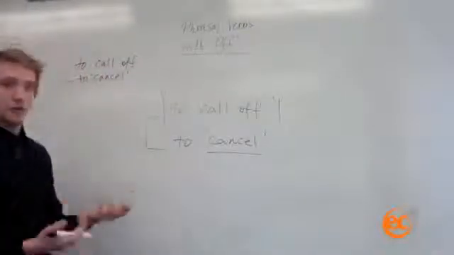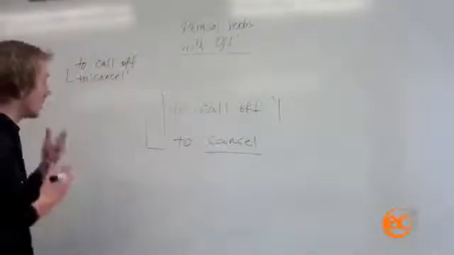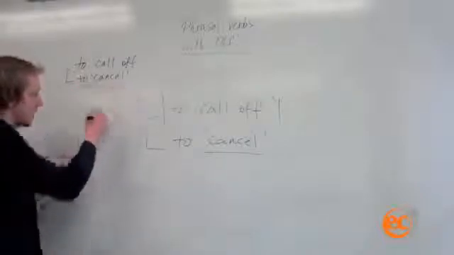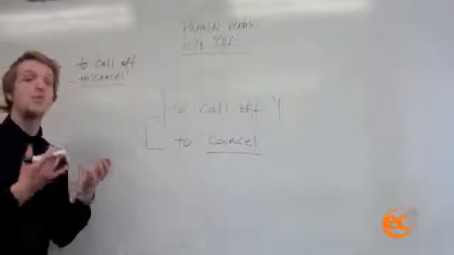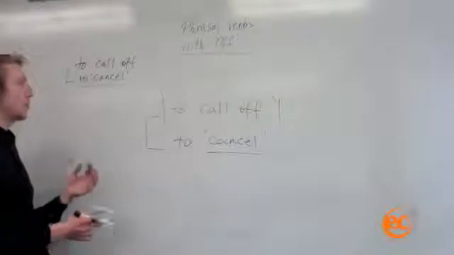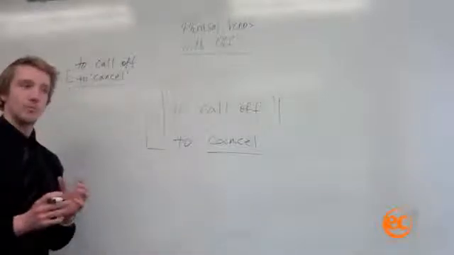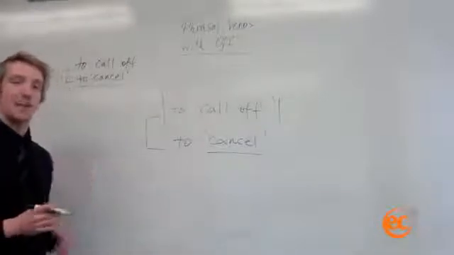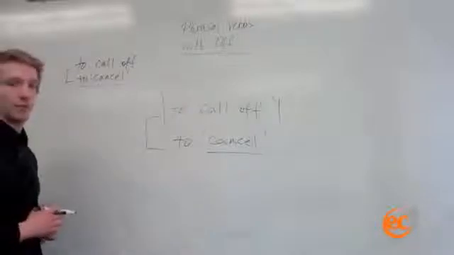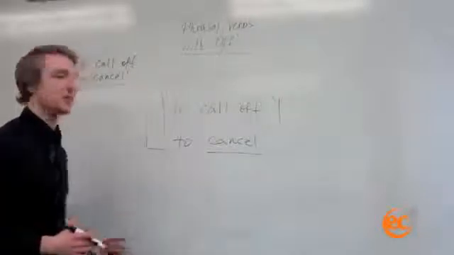So to cool off, to cancel. So we know now that instead of using this verb, which we are already familiar with, we can apply something slightly more difficult, of a higher level, such as to cool off. Let's take a look at another example.